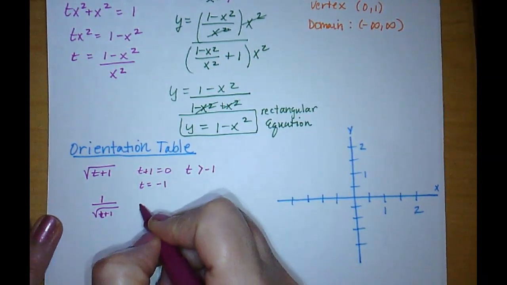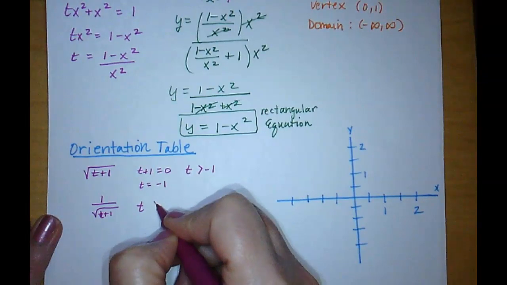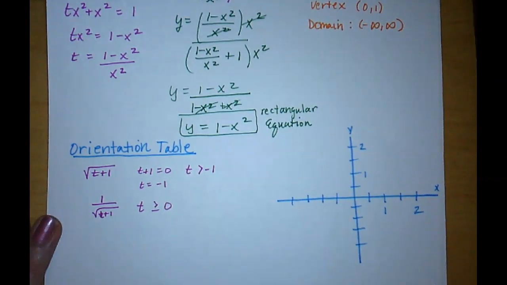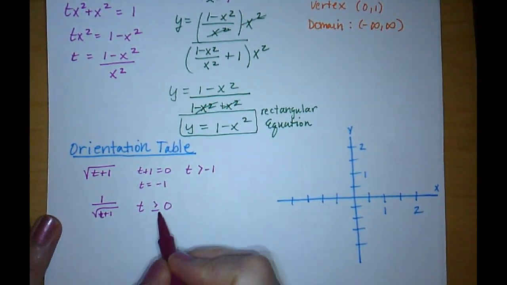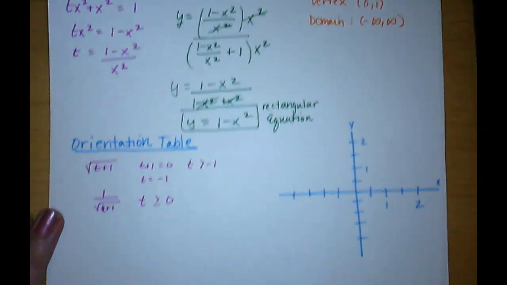So then I know that t has to be greater than or equal to 0. Okay, so since that is true, then the x equation is going to be greater than 0, because it has that numerator of 1, and we already took into consideration what's going on the bottom.